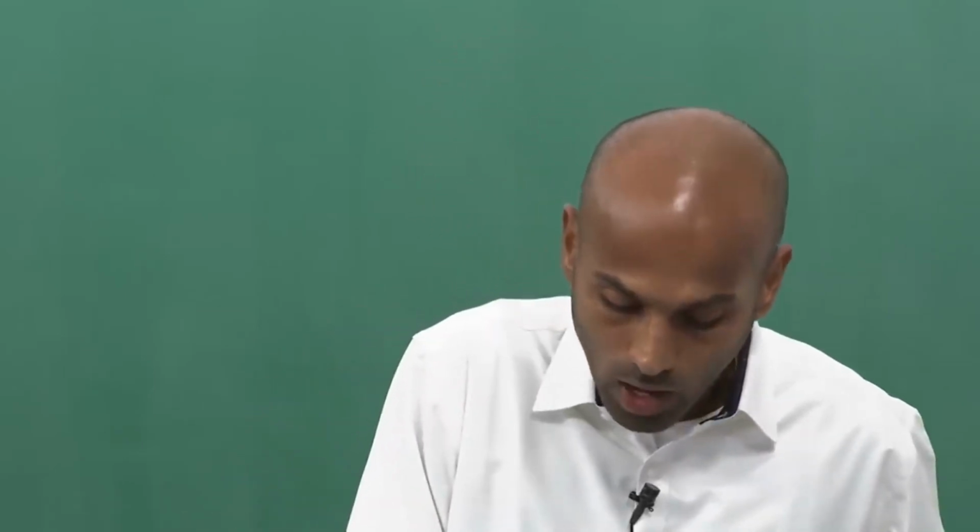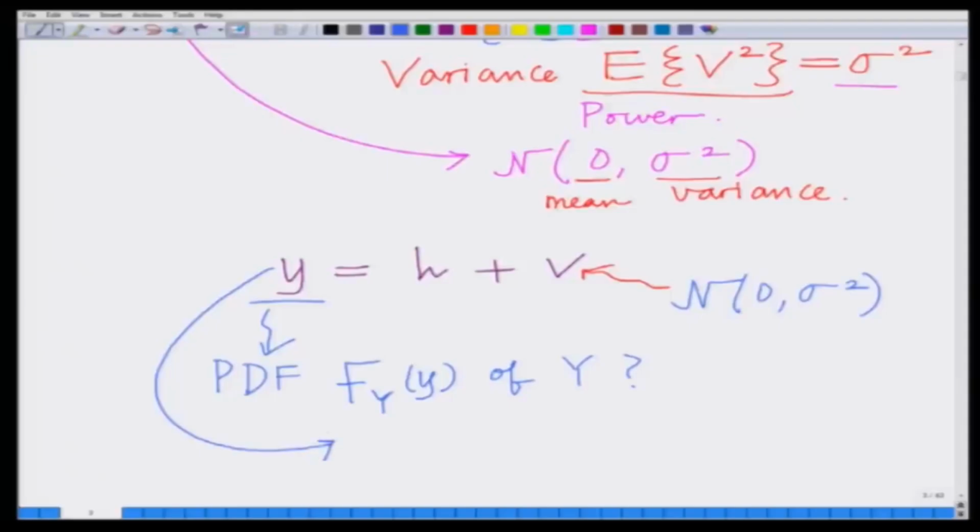Now, you can see v is Gaussian and the parameter h is an unknown constant. Therefore, when you add a constant to a Gaussian, the probability density function of the output, or the observation, is going to remain Gaussian. Therefore, y also is a Gaussian random variable.